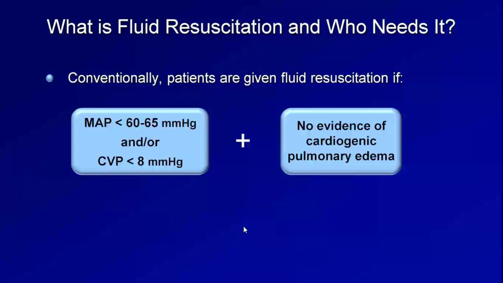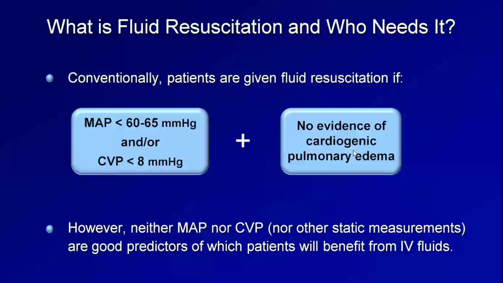In the old paradigm, patients are given fluid resuscitation if the mean arterial blood pressure is below 60 or 65 and jugular venous pressure reading is below 8, with no evidence of cardiogenic pulmonary edema or fluid overload.